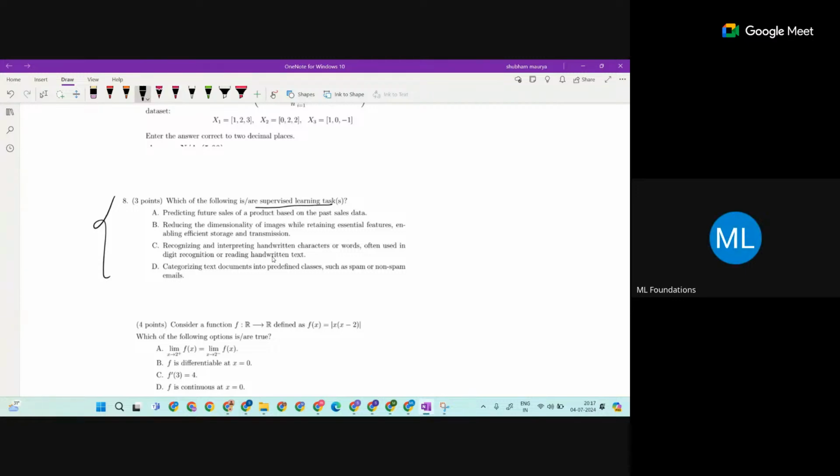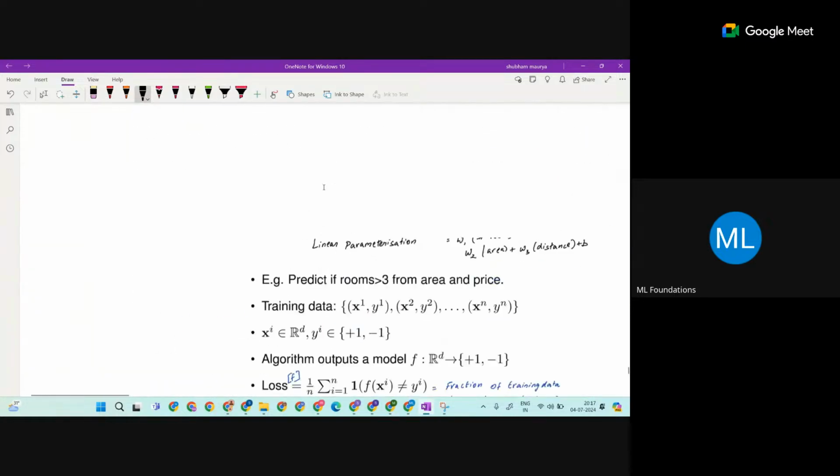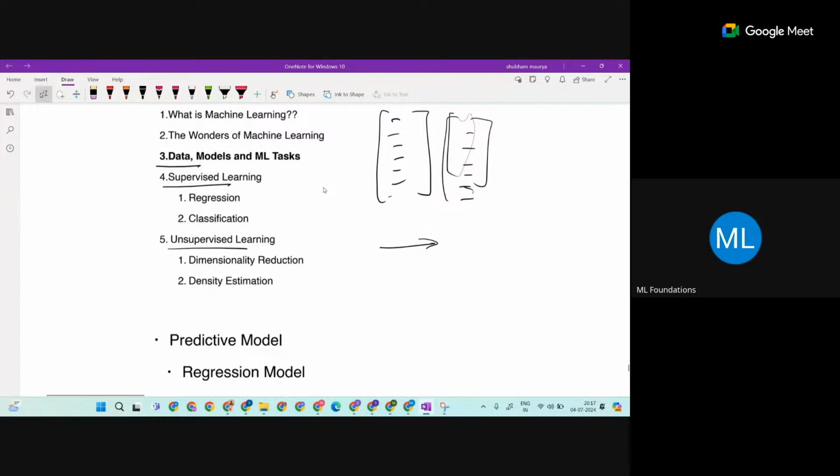Even if you just see here, if you know, dimensionality reduction and density estimation are unsupervised learning, and supervised learning is majorly regression and classification. Option C is similar to density estimation, I think. Yes, sir, that also seems like unsupervised learning. Which one? Option C.